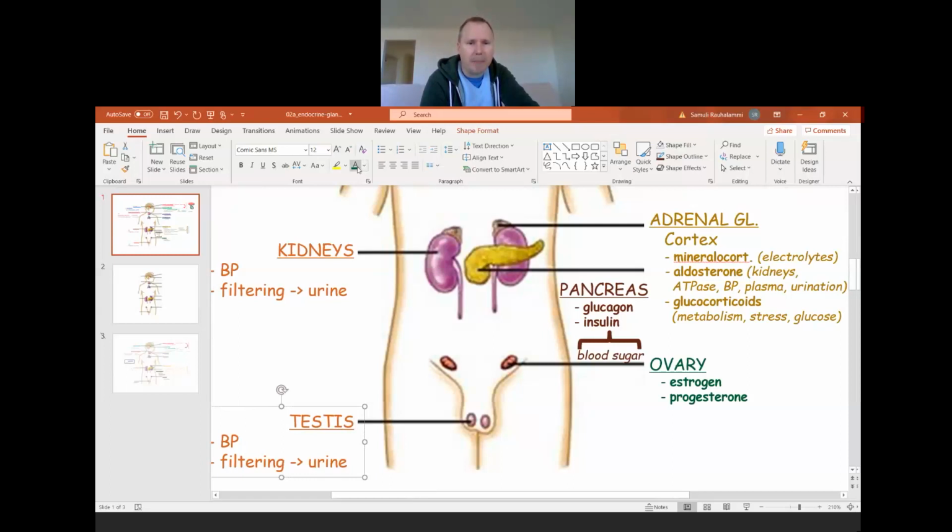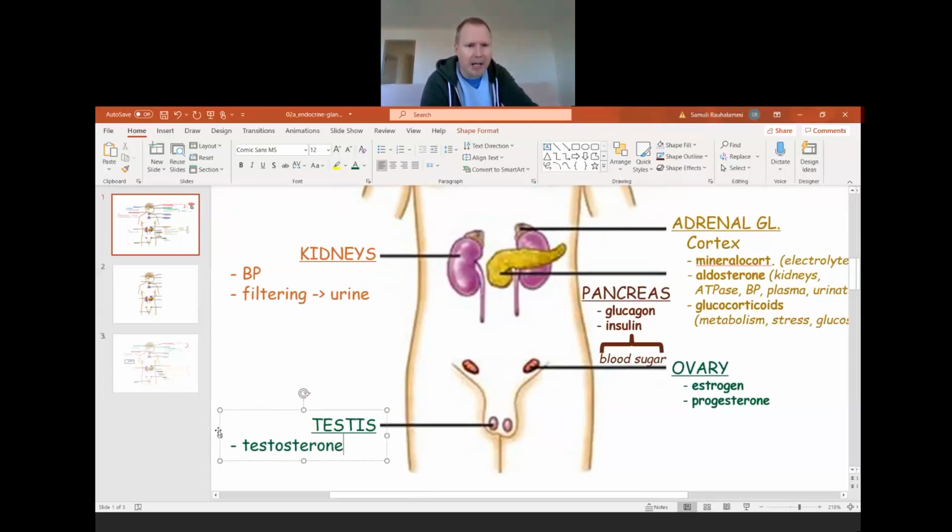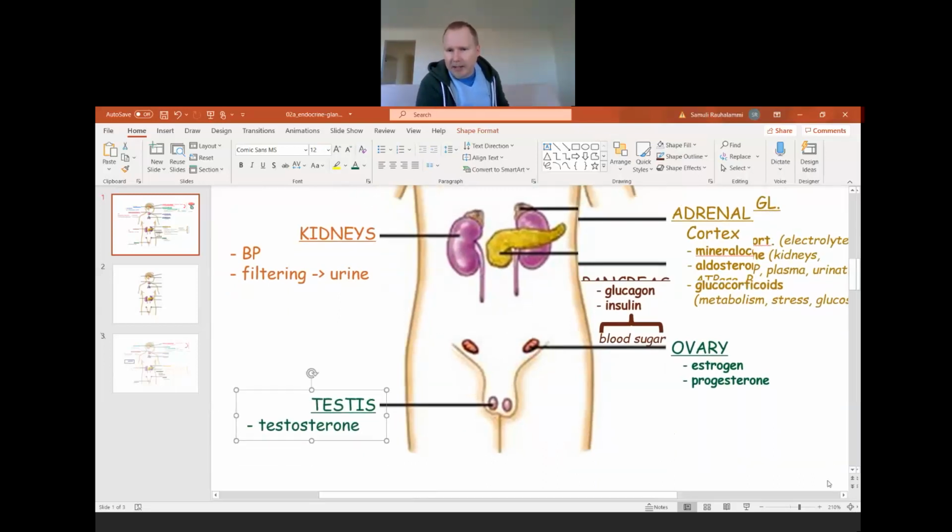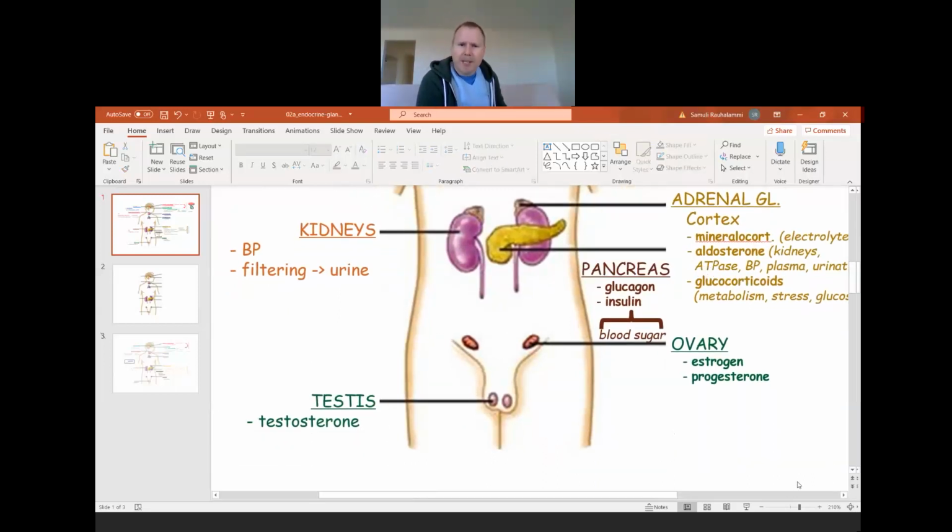And the testes produce the sperm, but the production of the sperm is not the only function. It's, of course, also the production of the hormones, which plays a role. And it's going to be for us, especially the testosterone, that we're interested in, as a hormone that gets produced in the testes of the males.